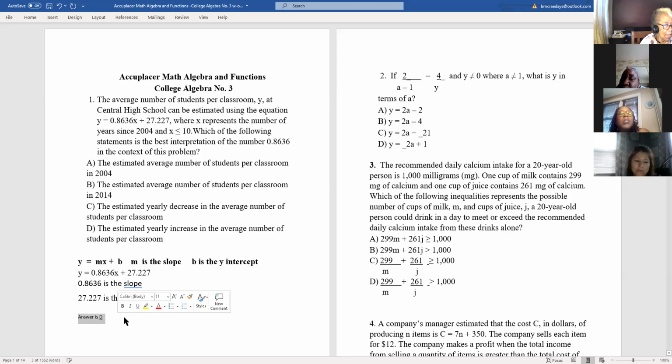How did we get D? How did we say we got D, Latoya? Why did we choose D? It's what they call it. The slope is increase.